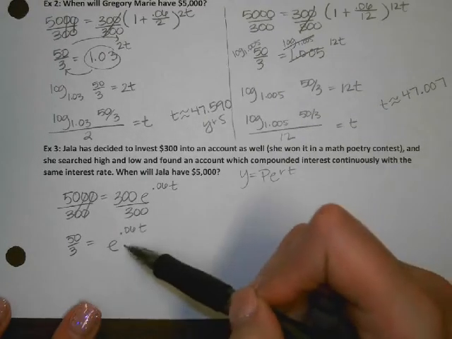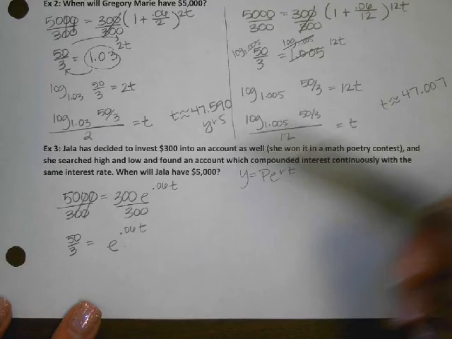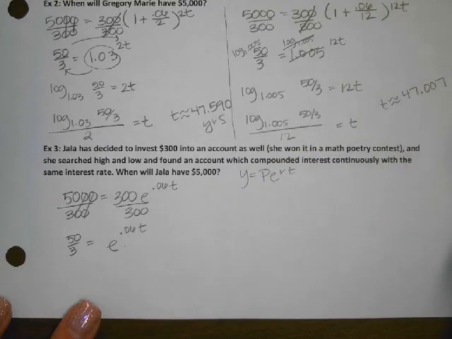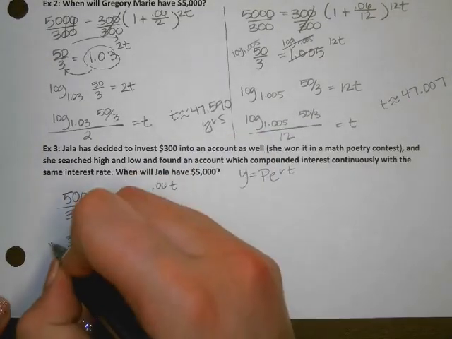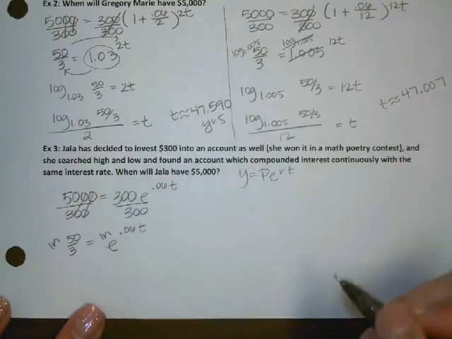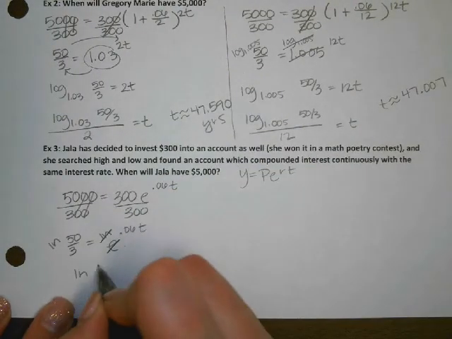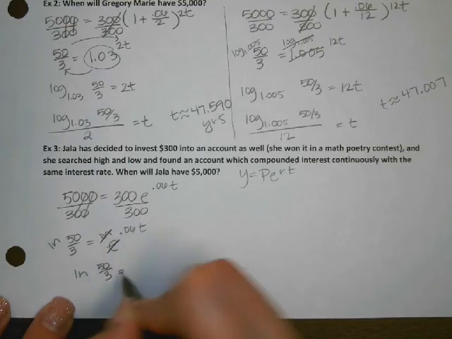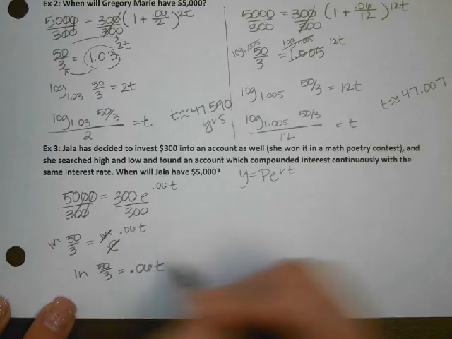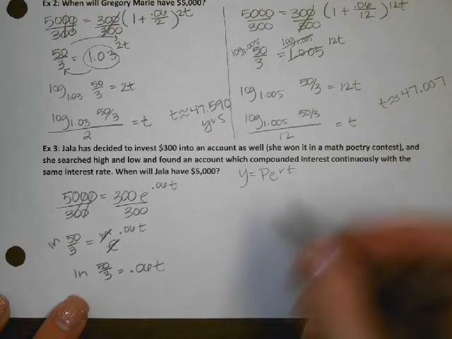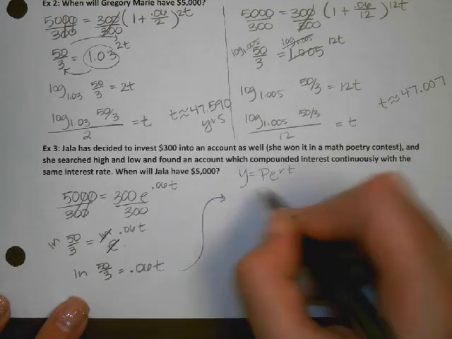So the log that has the base that I want would be a log with a base of e, which is ln. So I'm going to go ahead and ln this side and ln that side. And so I have ln of 50 thirds equals 0.06t. And so I can go ahead and divide by 0.06.